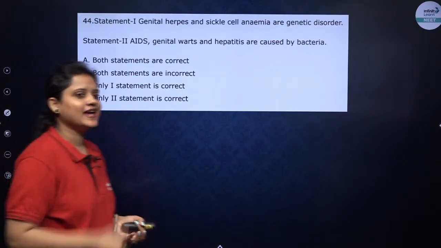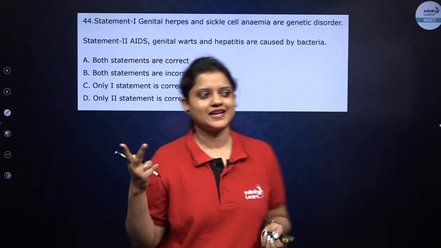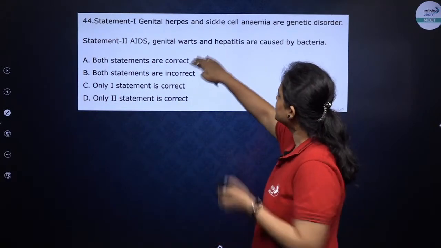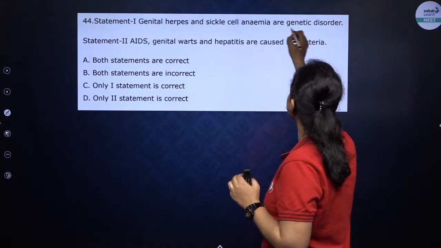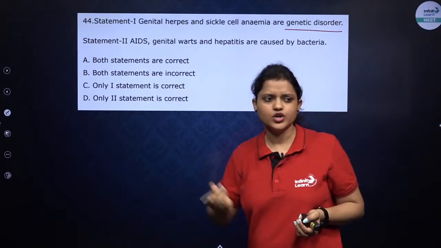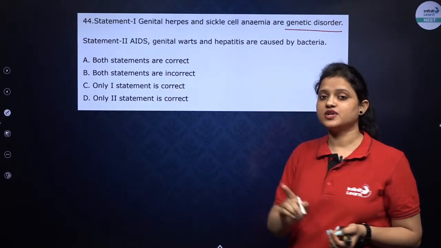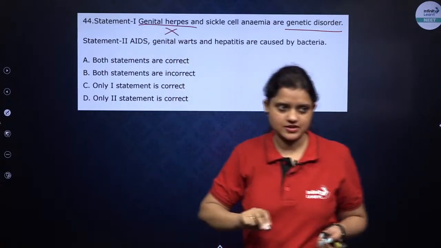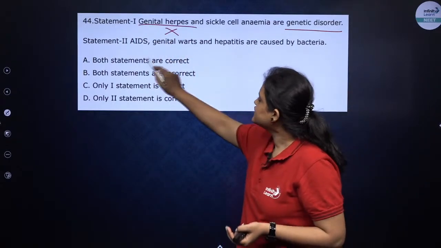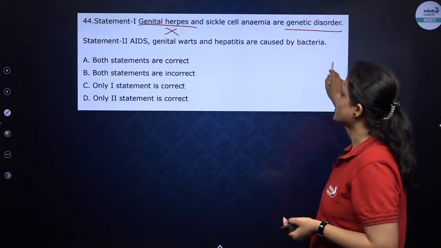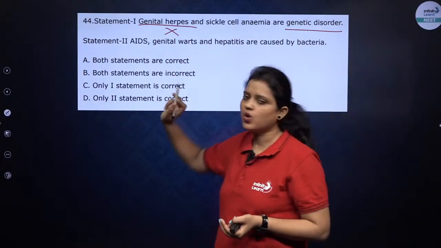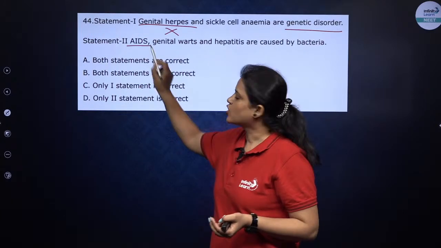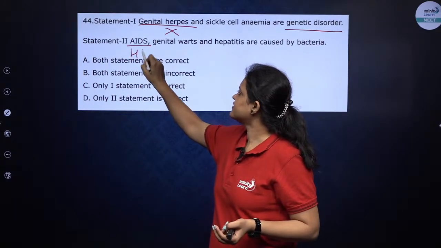Next question. Again 2 statements for you guys. First statement: genital herpes and sickle cell anemia is a genetic disorder. No. Sickle cell anemia is a genetic disorder but not genital herpes. This is a viral disease. Second: AIDS, genital warts and hepatitis are caused by bacteria. No. AIDS is caused by HIV, which is a virus.